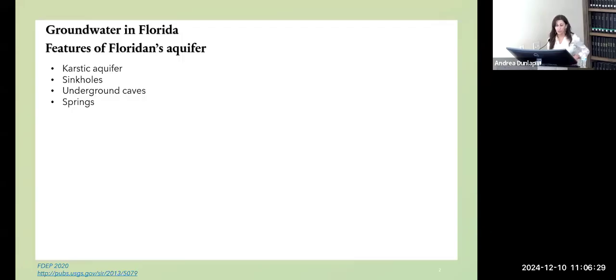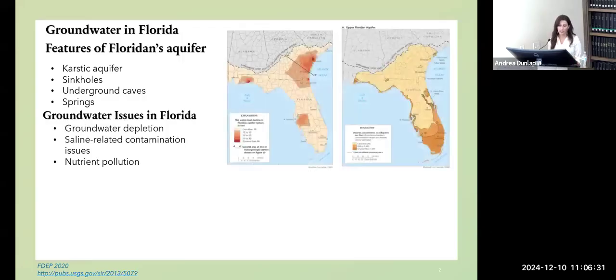And it's very important to take that into consideration when we do the research, because if there is an issue in groundwater, then the issue will be observed in surface water. So one thing about Florida's water system is that the surface water system depends on contribution of the groundwater here.